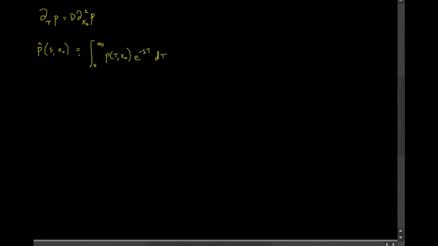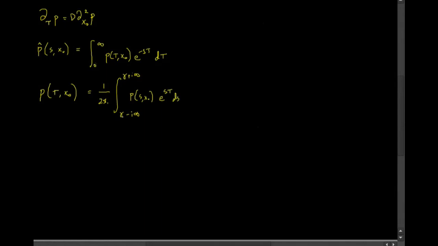So what this means is that the inverse Laplace transform of p hat, which is going to give us back p, will be the following. We'll use this form later, but I'll just write it down for now. The inverse Laplace transform is 1 over 2 pi i, integral from gamma minus i infinity to gamma plus i infinity of p hat of s, x naught, e to the st, integral over s.